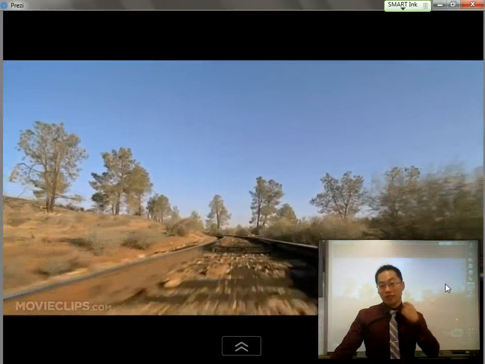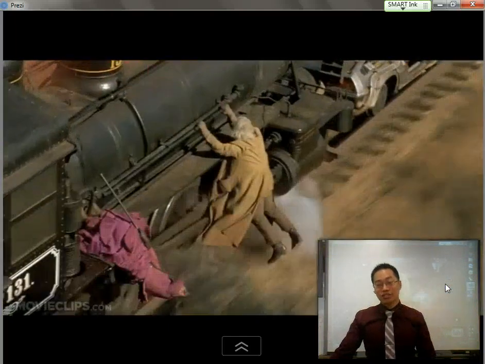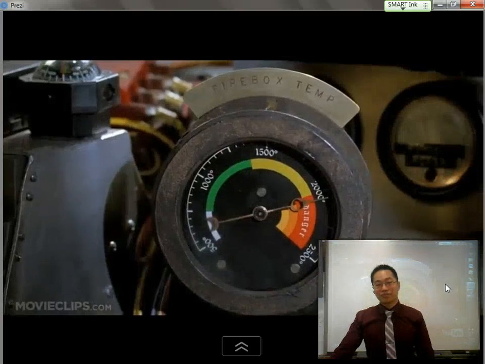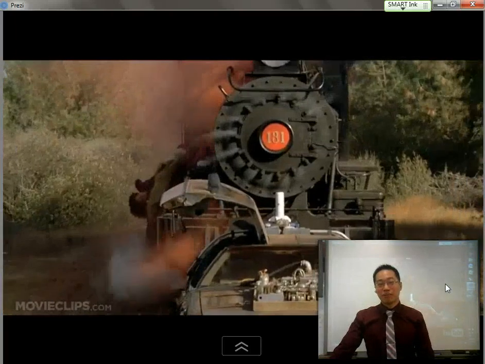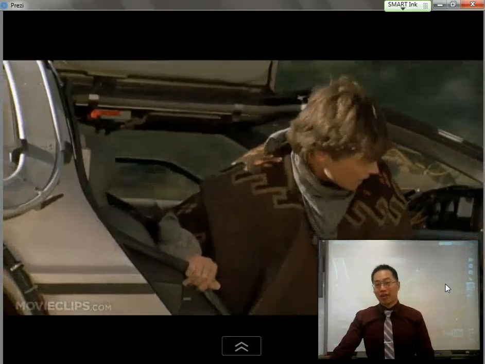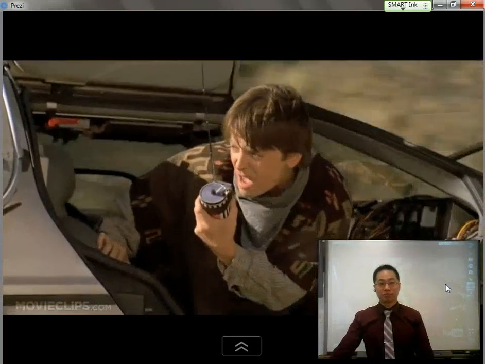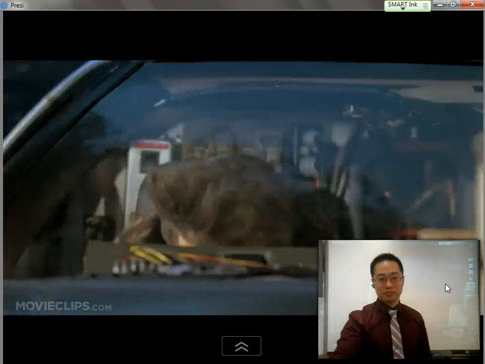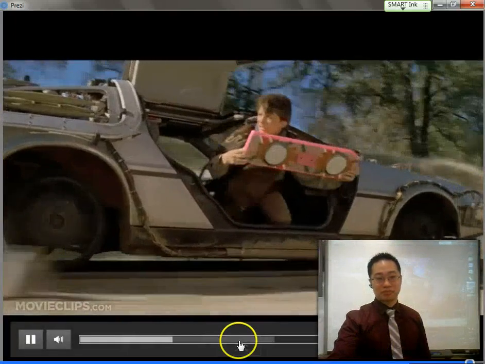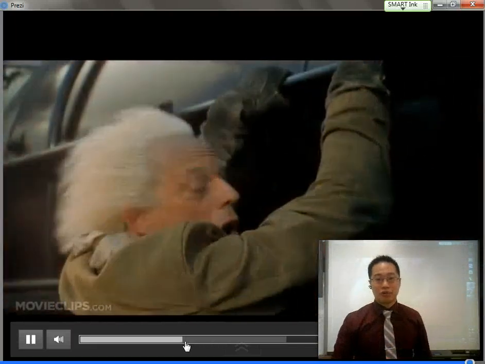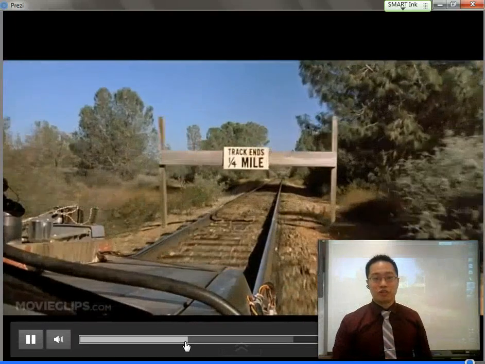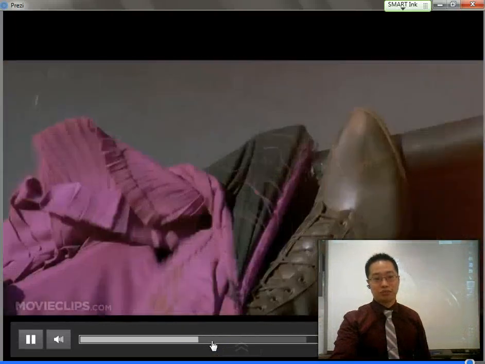So you can see in the movie that, which is technically kind of basic science, unfortunately here, that by increasing the temperature, the train is able to get more energy out of the coal that is burning. And it's able to reach the speed they want to reach in order for the car to go back.